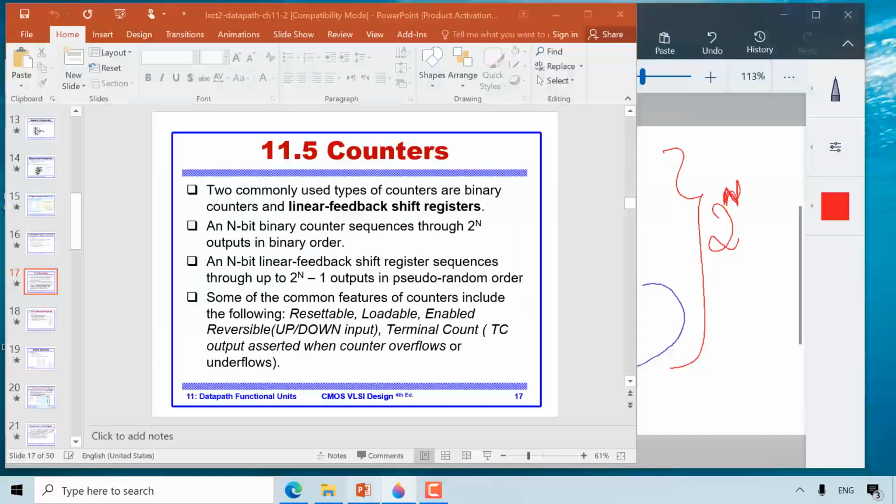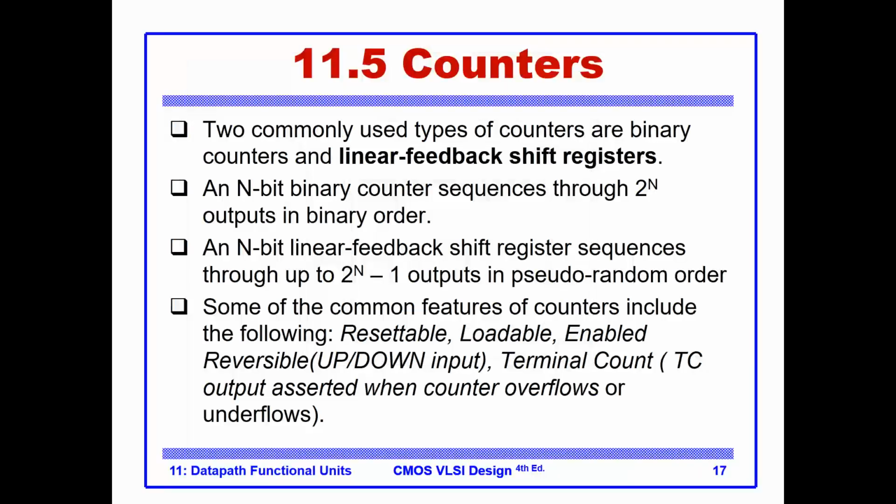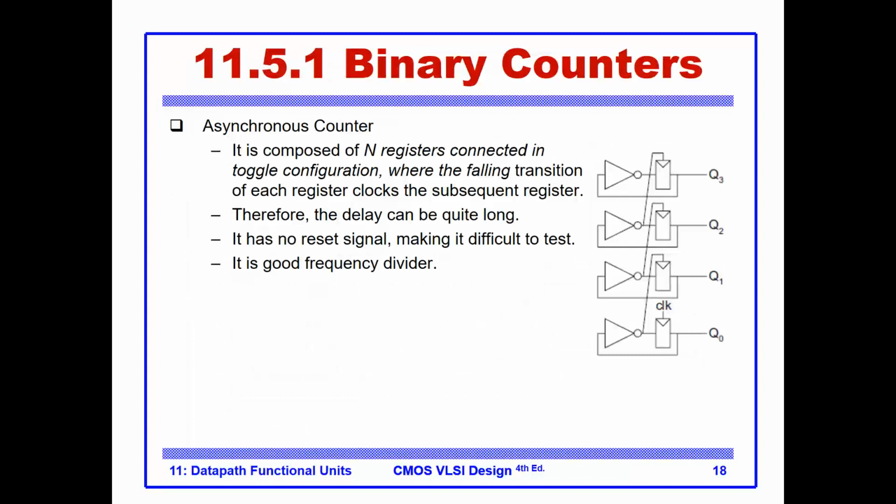Okay, so let's go back to the lecture. So here is our first counter. This is an asynchronous counter, and basically the very first bit flips the output, which is the typical behavior of the least significant bit.